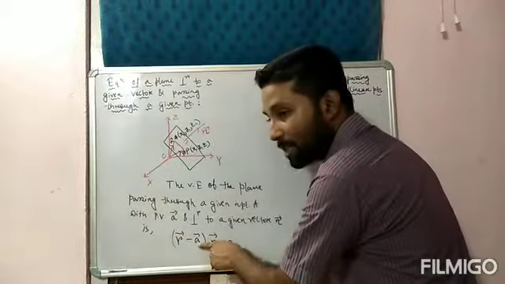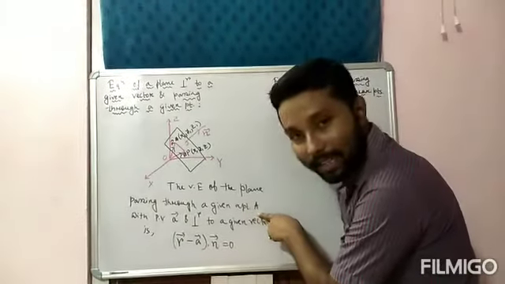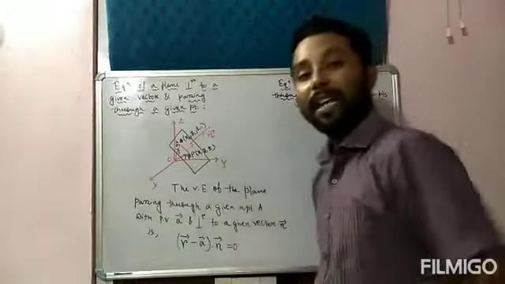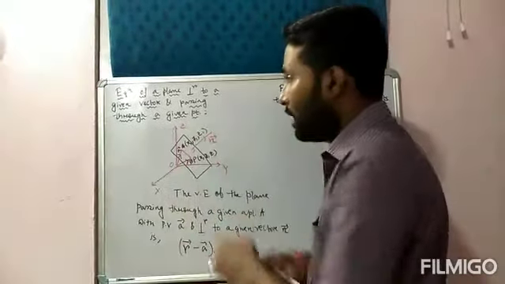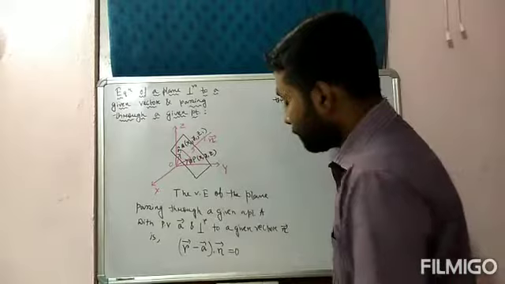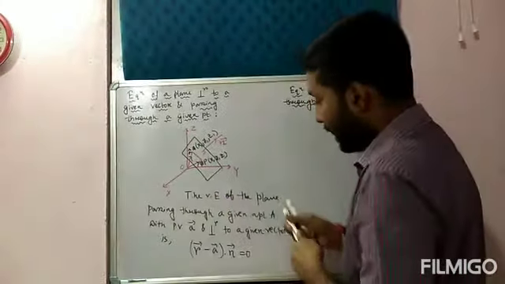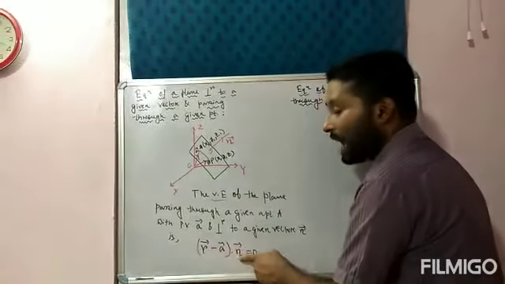Passing through a given point means here a bar is the position vector of the given point A, whereas n bar is perpendicular to this plane. So this is the vector equation. Derivation is not required for this equation, so I have only given the equation: the vector equation of the plane is (r minus a) dot n bar.